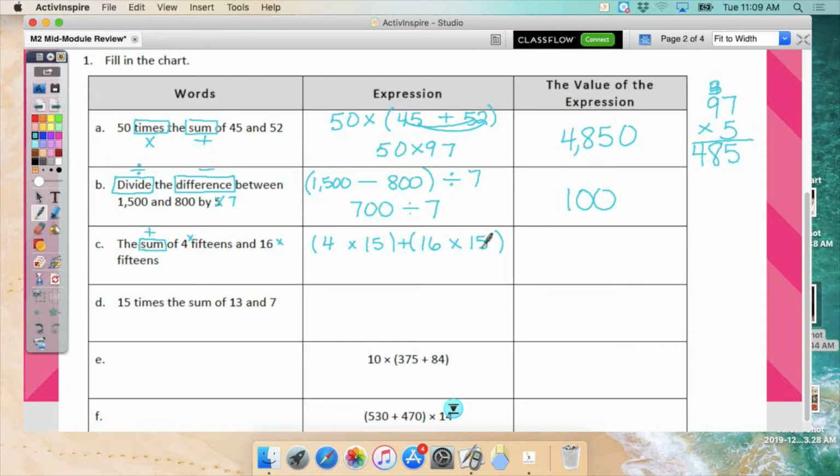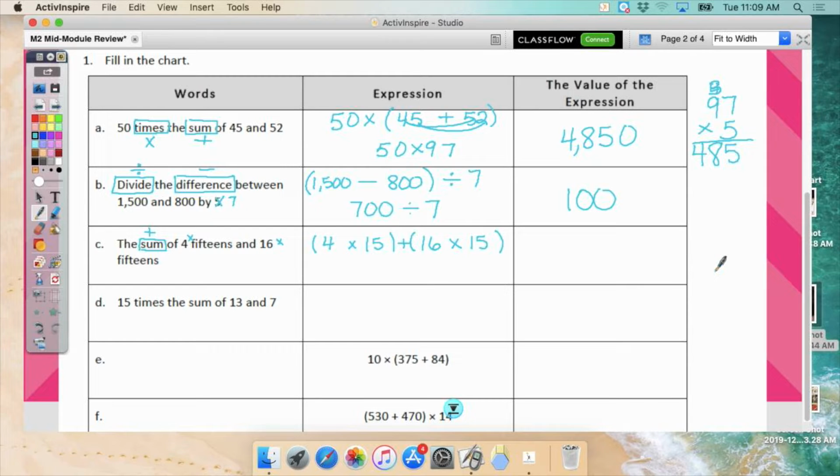Now, I had some kids in block 2 go over here and they started writing 16 times 15, and they were going to do turtle math. And listen, that's what I would have done when I was a kid too. I would have multiplied this one, then multiplied this one, then added them together. That makes sense, doesn't it?